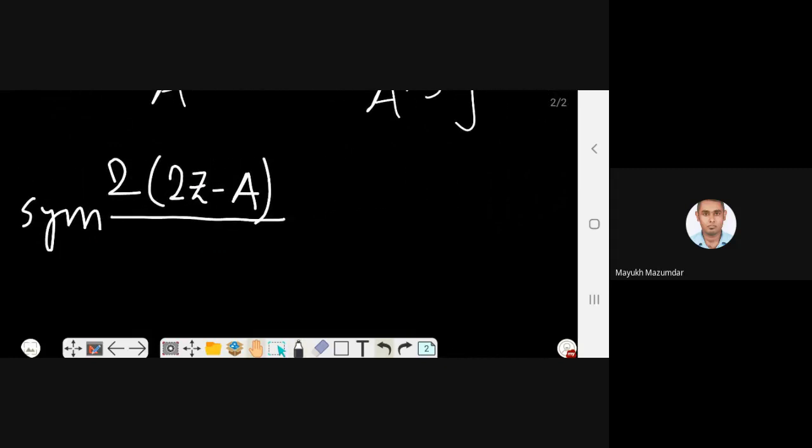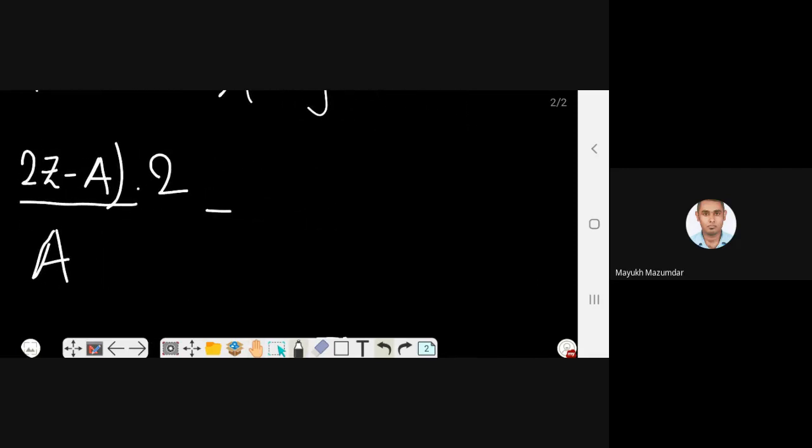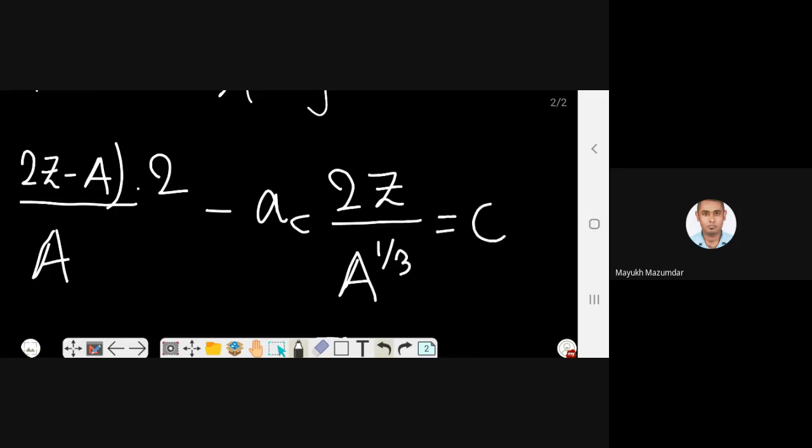Again, I have a 2Z. If I do the derivative, it would bring 2 by A. Minus, the second term is giving me a Coulomb Z squared, so that would be 2Z by A to the power 1/3, equals 0.